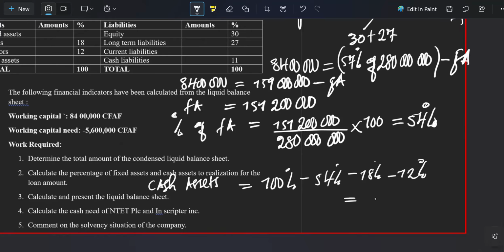So this gives us 16%. We have our percentages: 16% for cash assets and 54% for fixed assets.